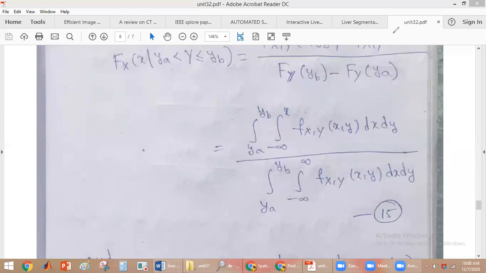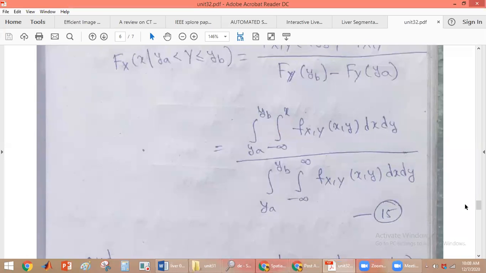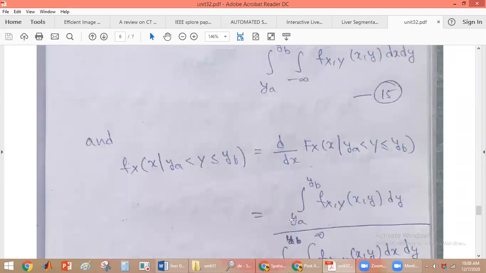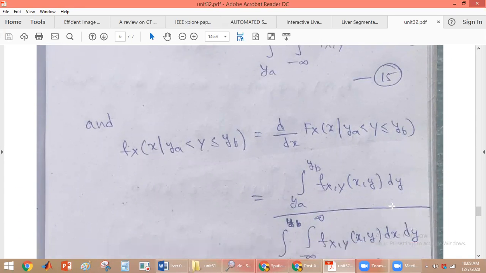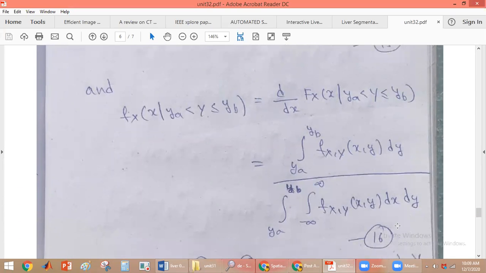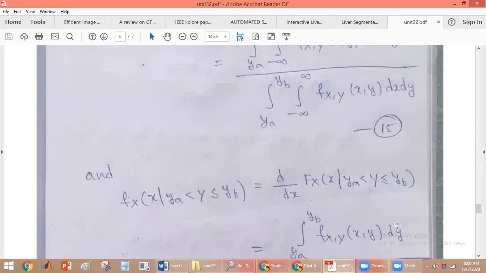Equation 15 will become the integral ya to yb of Fxy of x comma y dy, whereas the denominator is the same: integral ya to yb, integral minus infinity to plus infinity, Fxy of x comma y dx dy.